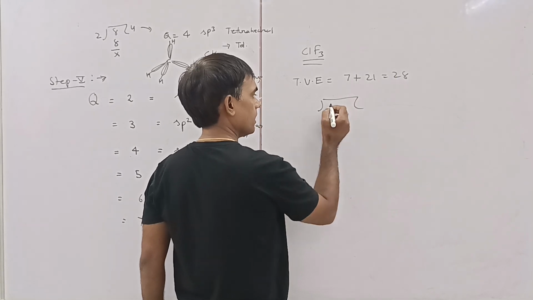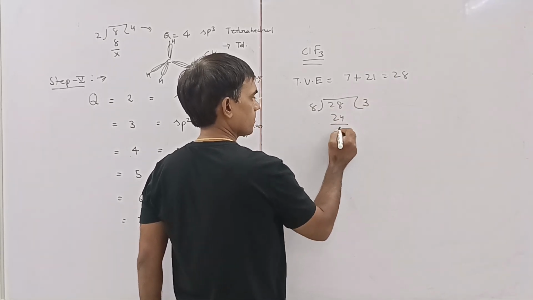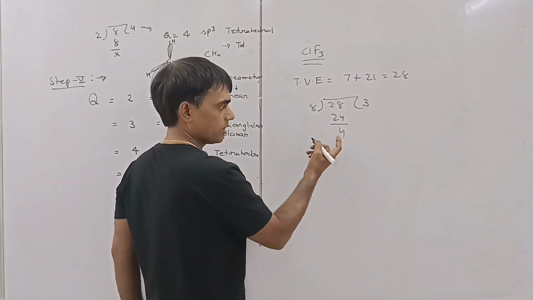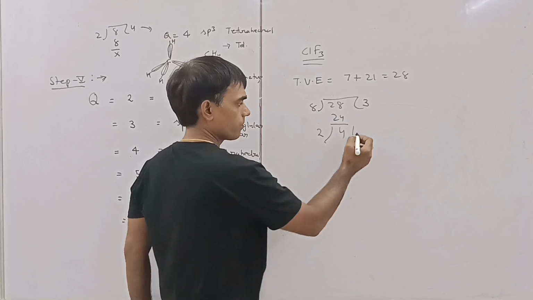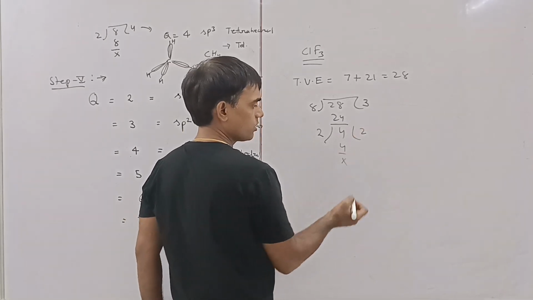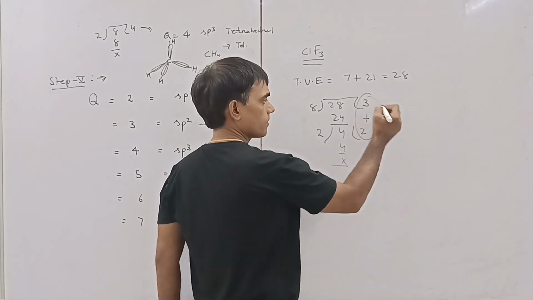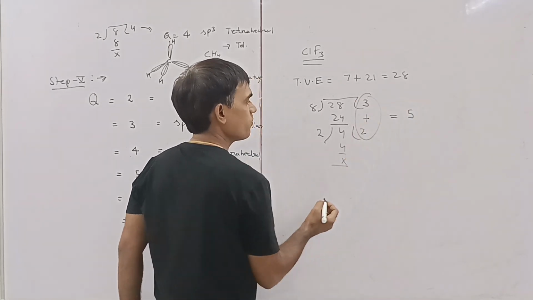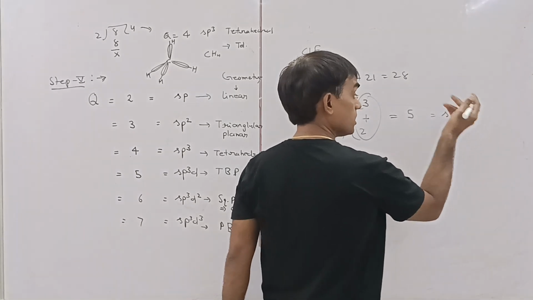It is greater than 8, so divide by 8. The remainder is 4, which is not less than 2, so divide it by 2. Now the remainder is 0. Add these quotients: this is 5. So the type of hybridization is sp3d, and it is correct.